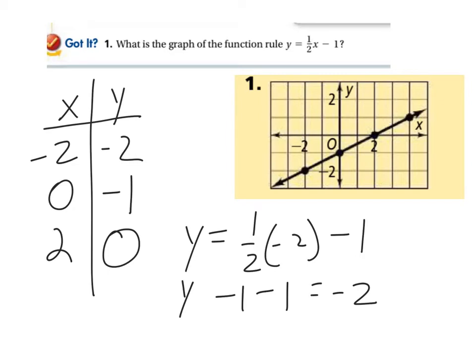So then we just go back and we graph those. And remember, when we graph, the x comes first, and then the y. So I graph -2, -2, that's down here. And then I graph 0, -1, that's down here. And then I graph 2, 0, and that's over here. Now I do expect, obviously, that you get the math part, right? The algebra is pretty straightforward, pretty easy stuff. There you go, there's got it 1.